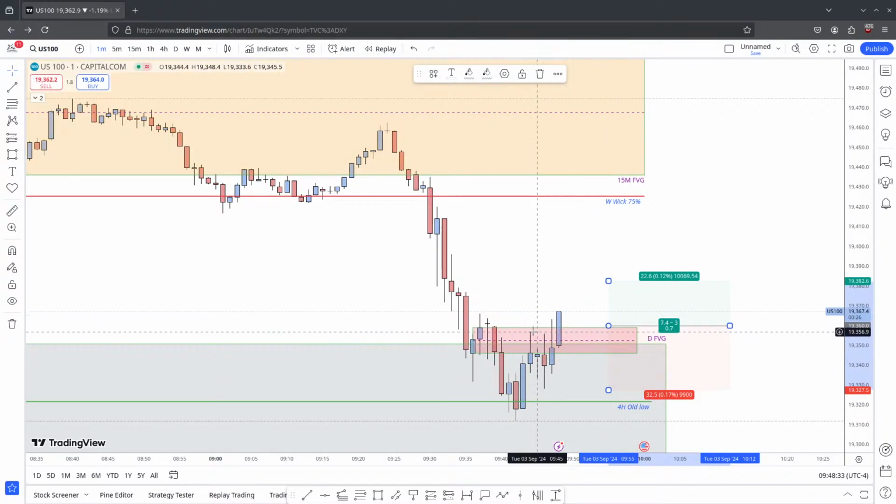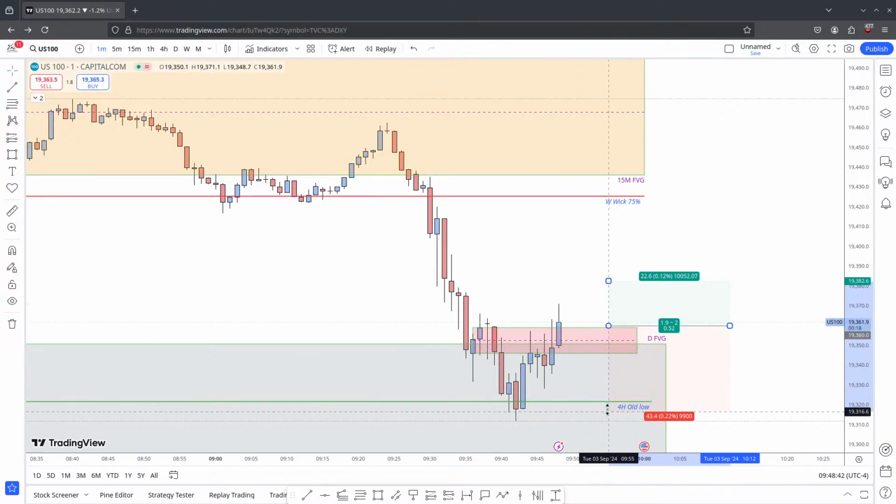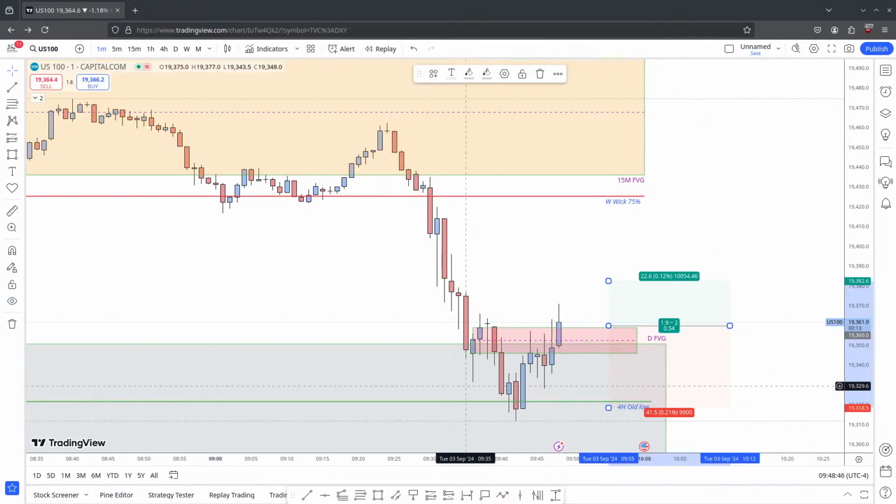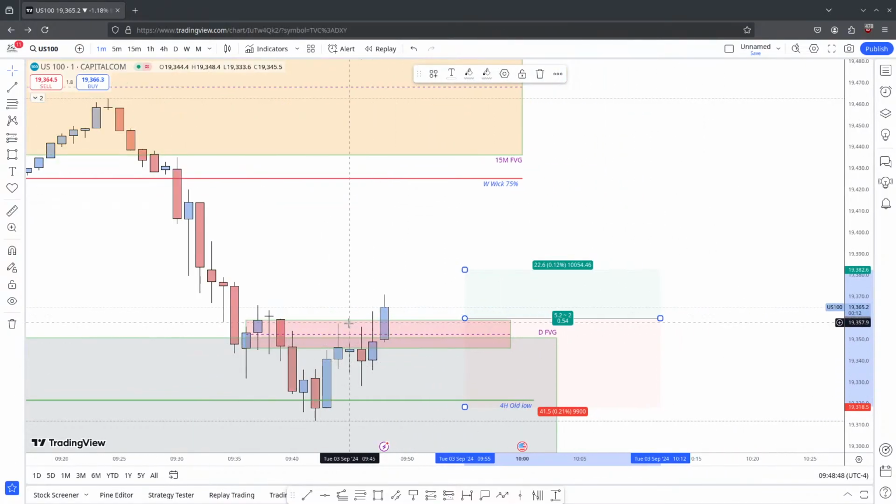So breaker block, we have an inversion there. Order block. The stop really is going to have to be at the low, which is a massive stop. Very, very big stop there. Not something I would take personally.